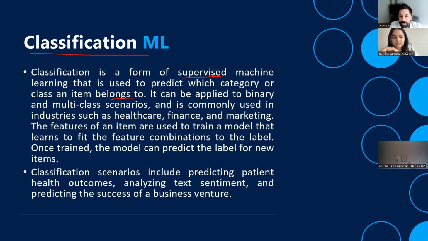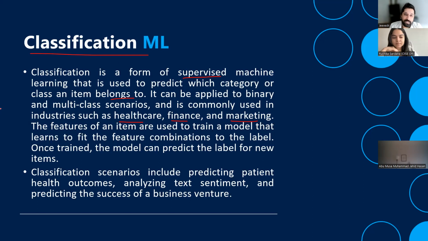Now, this can be applied to binary and multi-class scenarios and is commonly used in industries such as healthcare, finance, and marketing. One question that I remember from when I gave my exam, it's been more than 1.5 years, and many of my students have given it too, and they discussed what kind of questions were being asked.